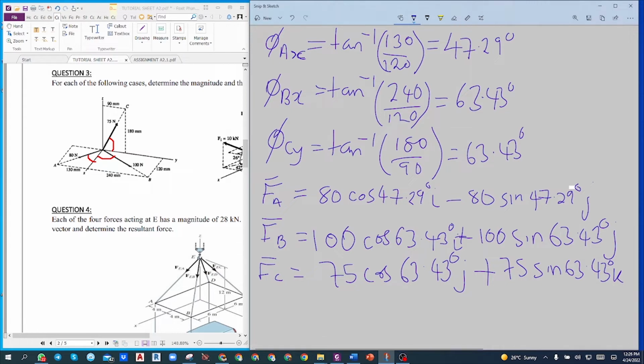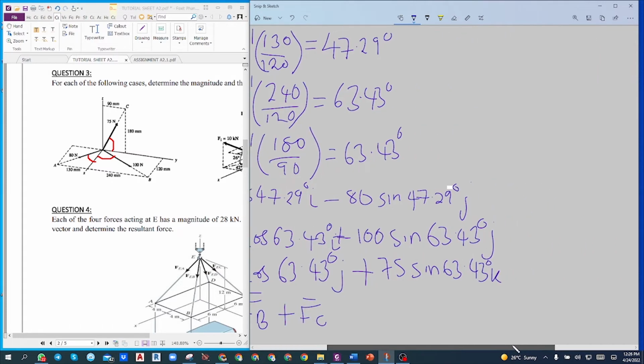Now you can skip some of these steps, but you just have to be cautious. So FR is equal to FA plus FB plus FC, isn't it? We know that. Let's go to the other side and complete this.